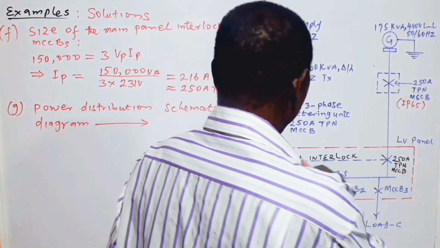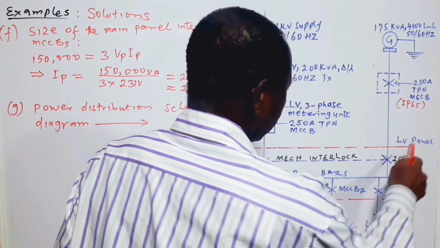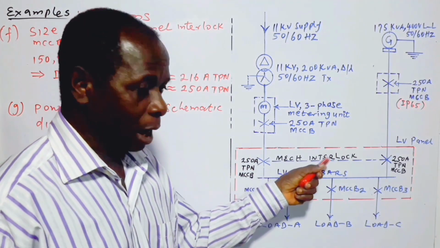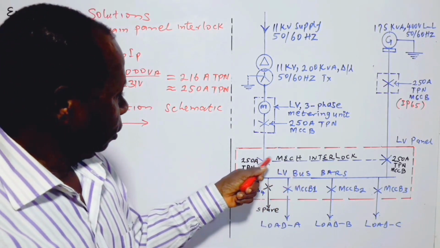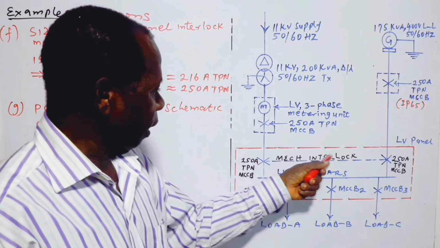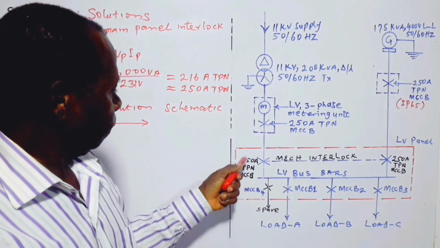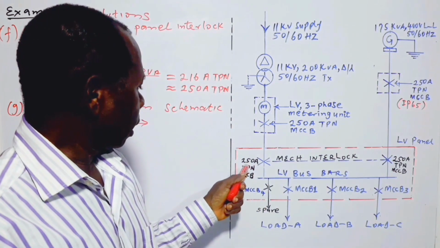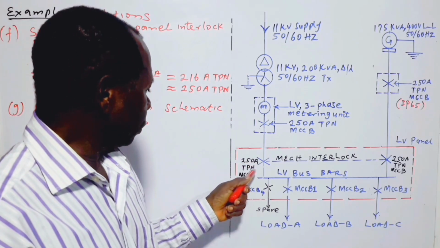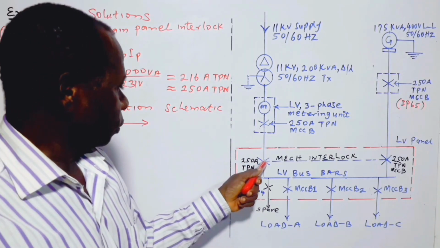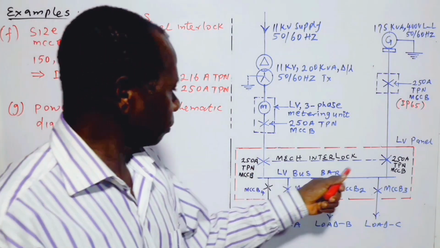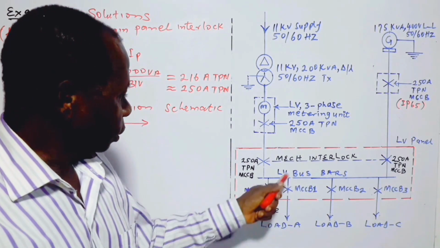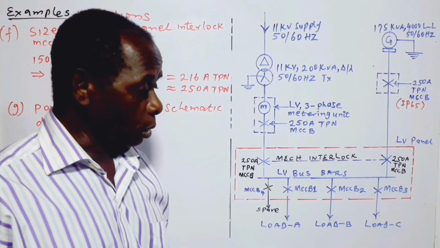Alright, now we come to this load panel, which is a low voltage panel. The mechanical interlock is serving as the changeover unit, changeover device or changeover switch. Each of the interlock MCCBs is of rating 250 ampere, triple phase with neutral, because each of them has 4 poles. Then we have these LV bus sections, which is the load bus section.